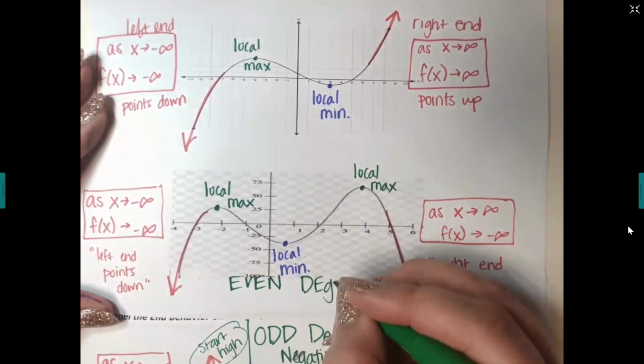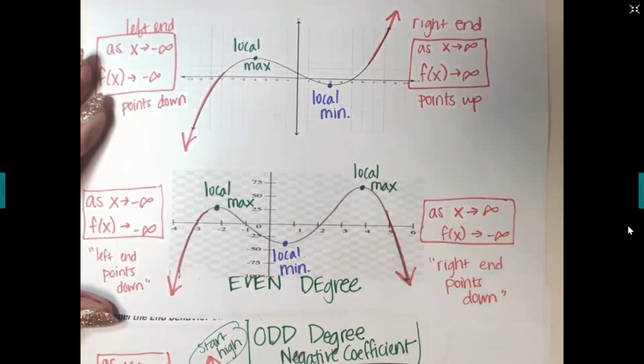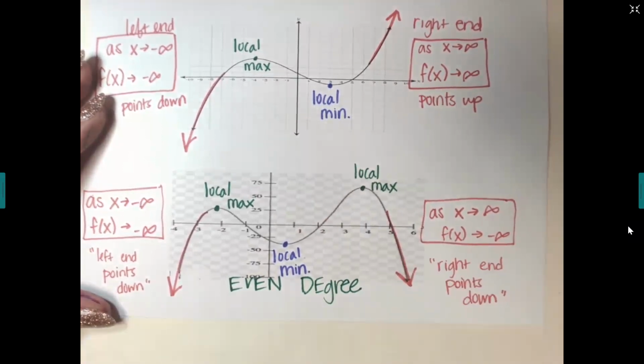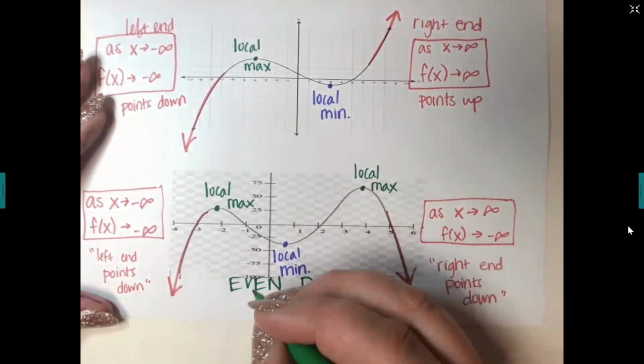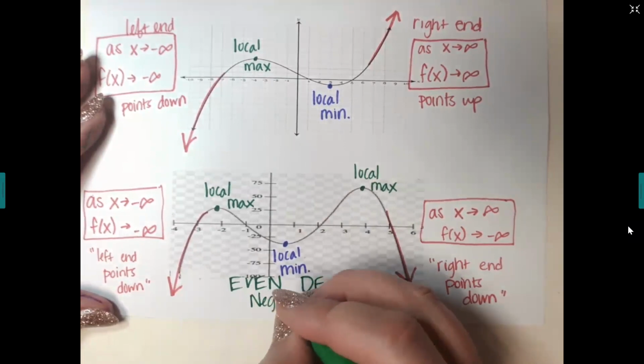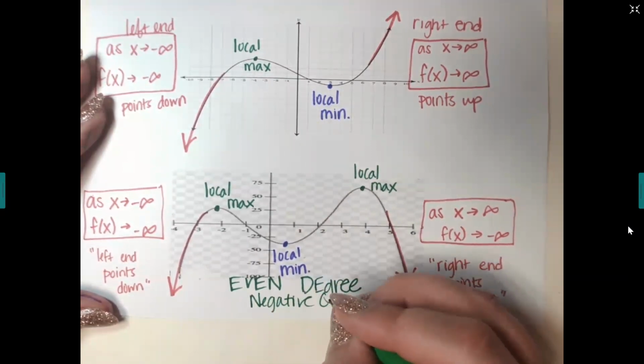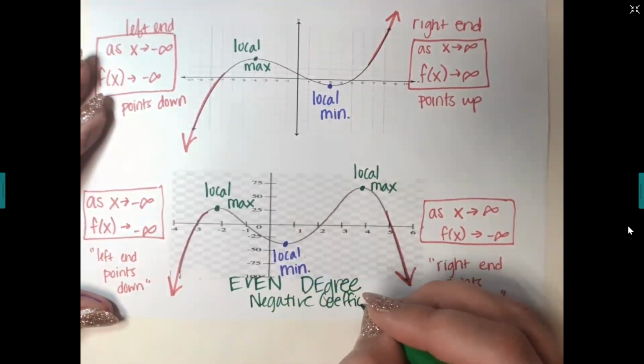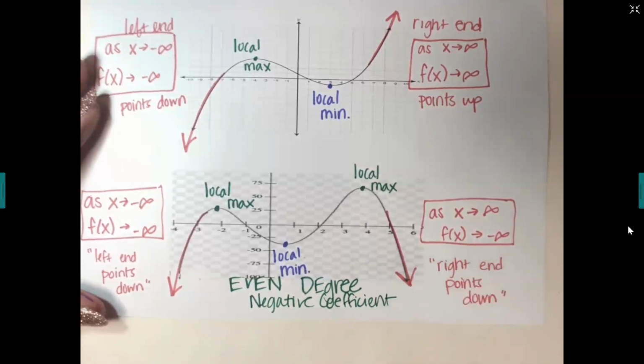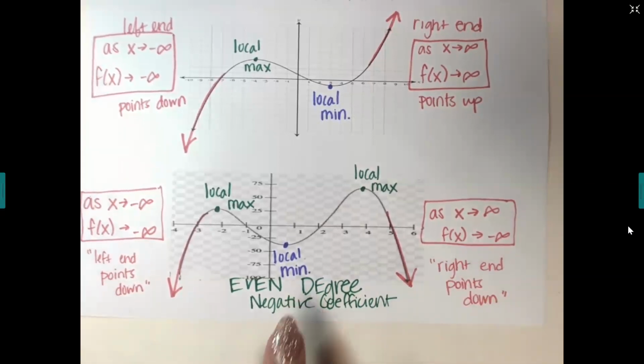How do I know it's even? Because they're both pointed the same way. They're both pointed down. And if they're both pointed down, then I can conclude that I have a negative coefficient.